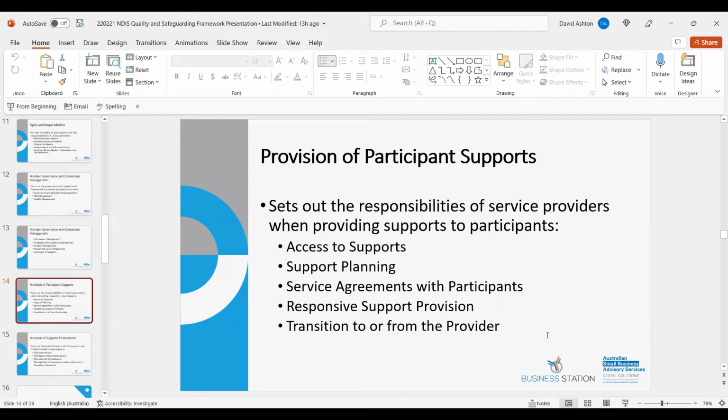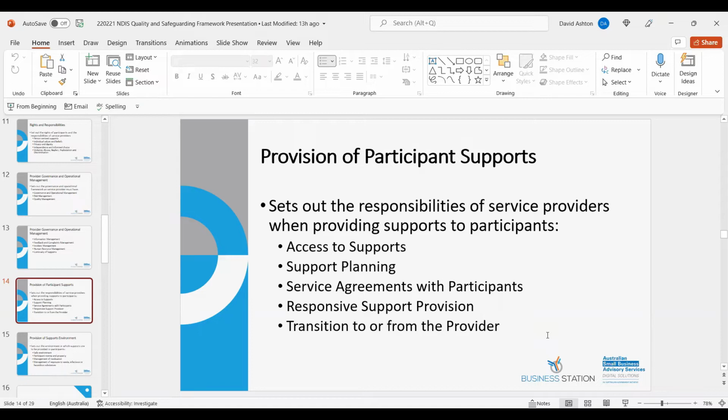There might be a case where a participant or your client wishes to transfer to another service provider, or alternatively someone wishes to transfer to yourself. So you need to make sure that you've got procedures in place to ensure that each participant experiences a planned and coordinated transition to or from the provider yourself.